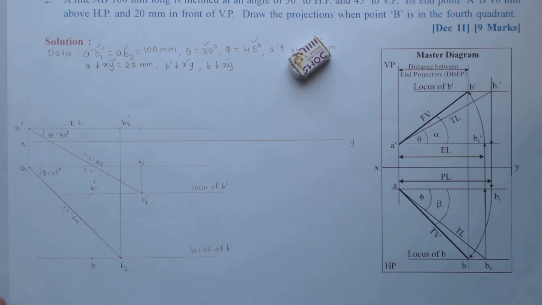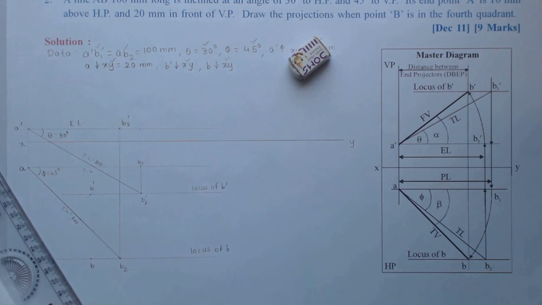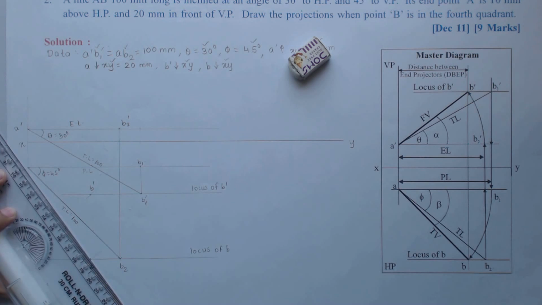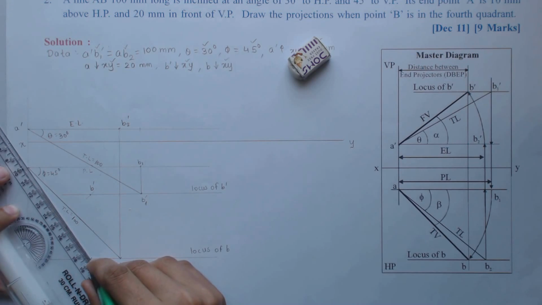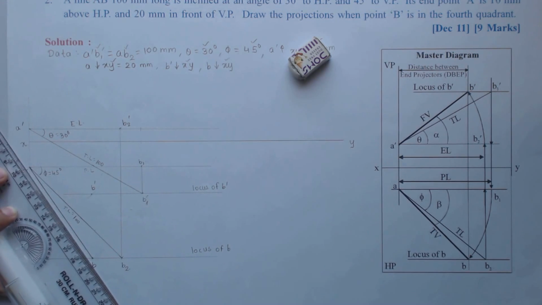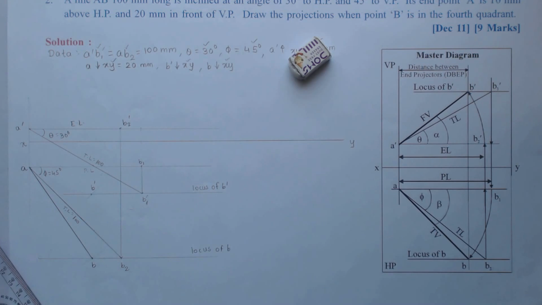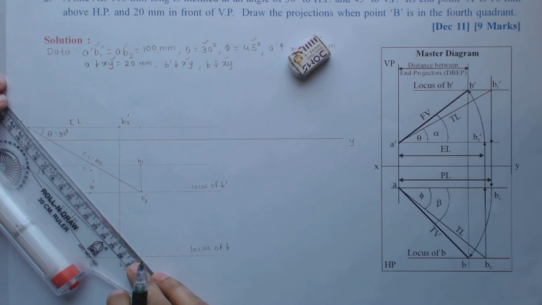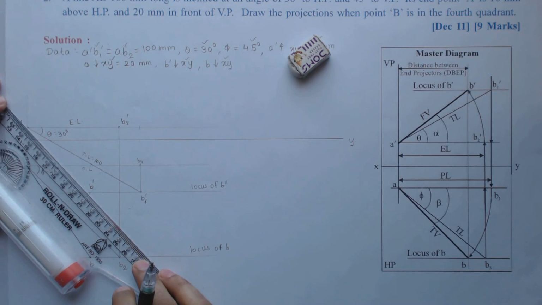So now I can join the final positions. AB gives me the required top view of the line. So I can join AB, and it should be dark compared to the rest of the lines, because that is my final answer. And similarly with A dash, I can join up to B dash to get the actual front view of the line.